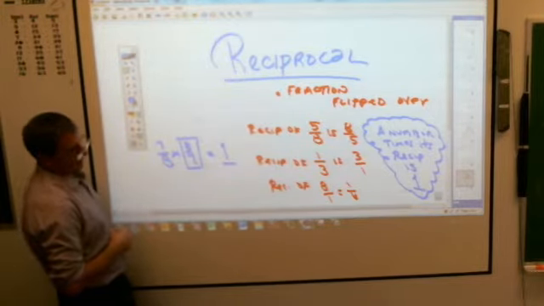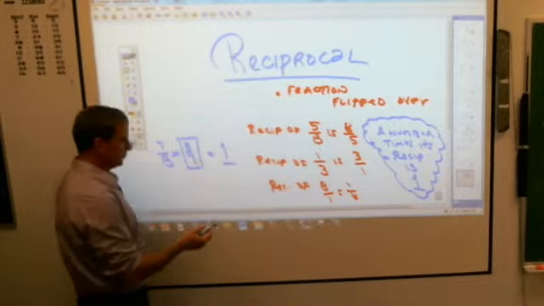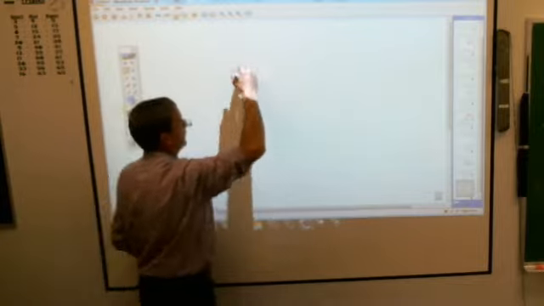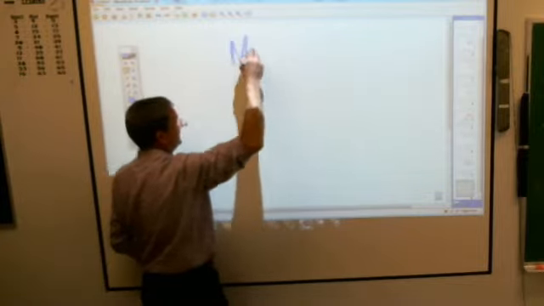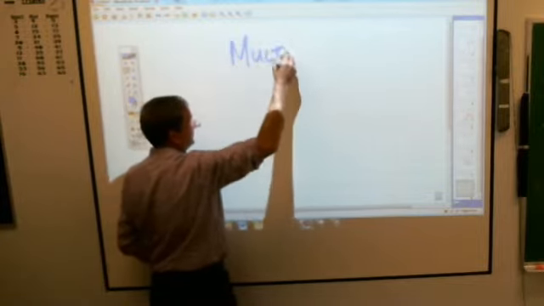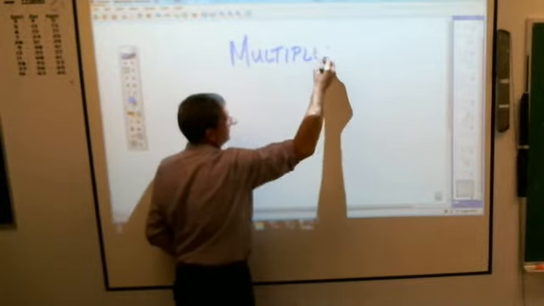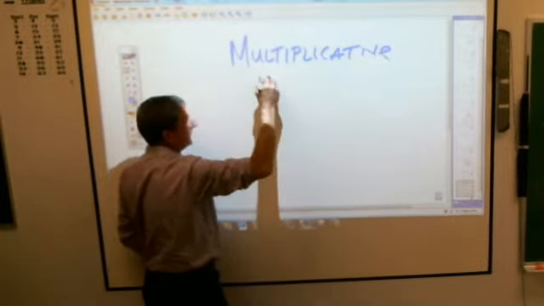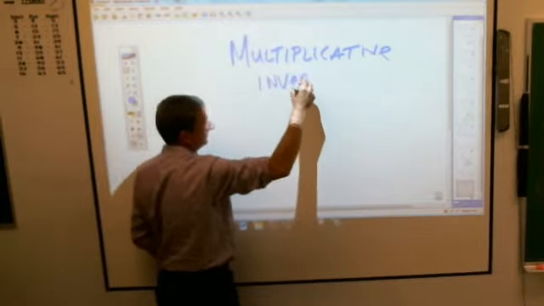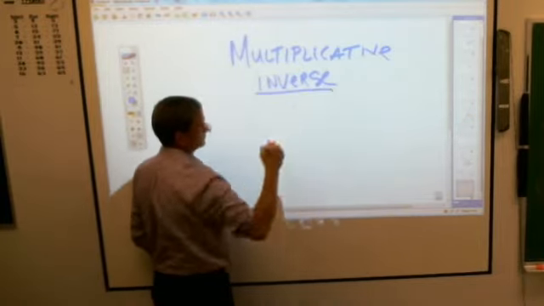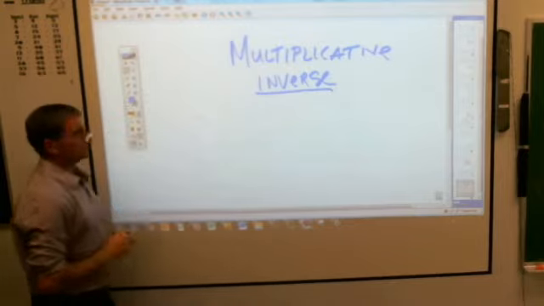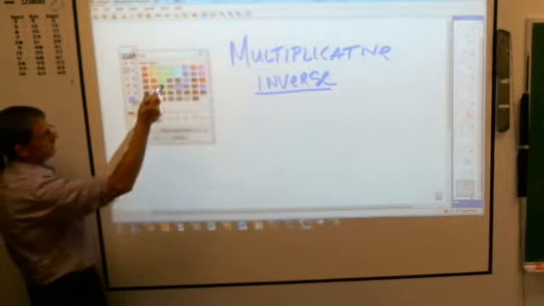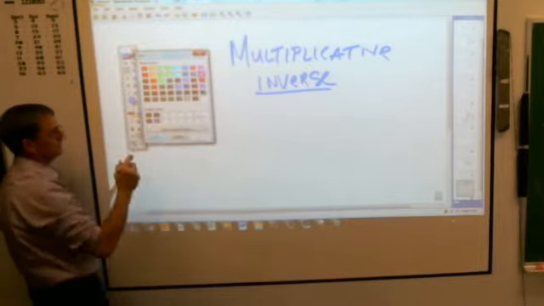Now, one more blank piece of paper. This will be the world's shortest note you could ever have. On top of this one, write the multiplicative inverse. Multiplicative inverse. Anybody got a guess what that is? Something has to do with multiplication.